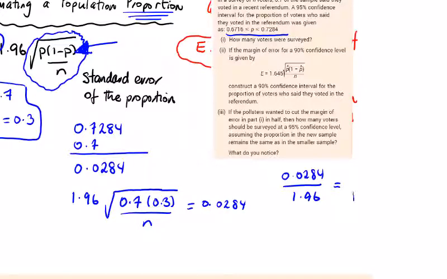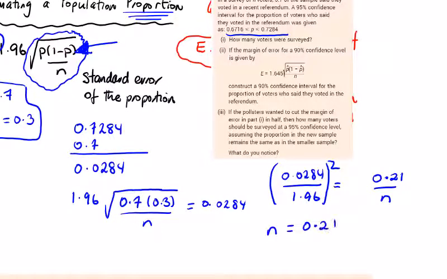So maybe I'll just do it in long form. 0.7 by 0.3 is 0.21. So square both sides. If I square both sides, that will get rid of the square root. And you can see that n will change places.